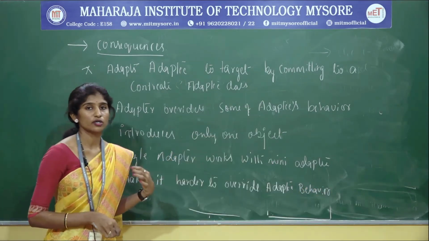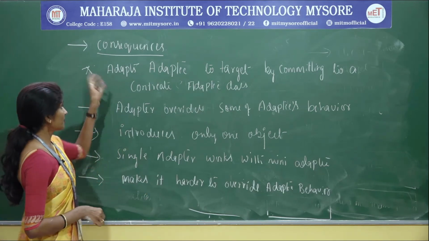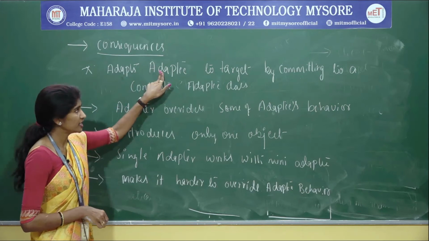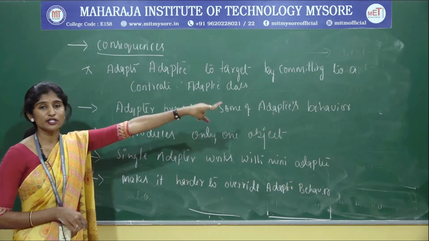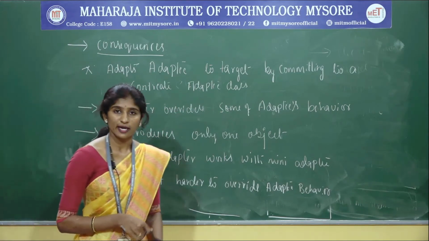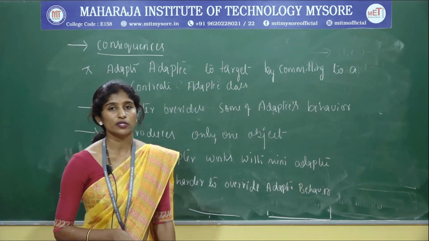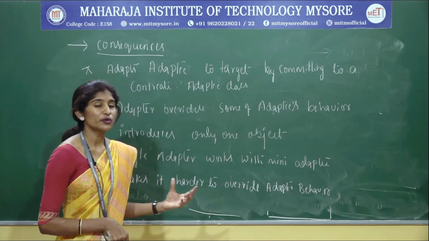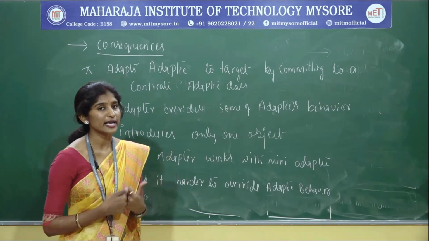So we have got the consequences. The adapter adapts the adaptee to the target by committing to a concrete class. It means we are going to use the adaptee, the one in the requested format. So here it is going to commit to a concrete class.